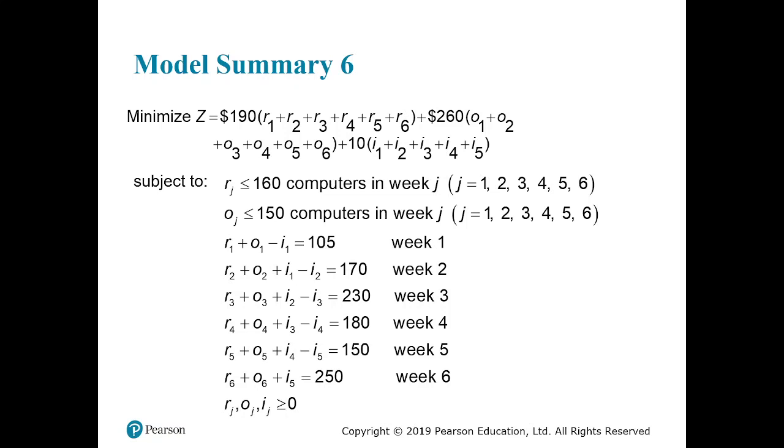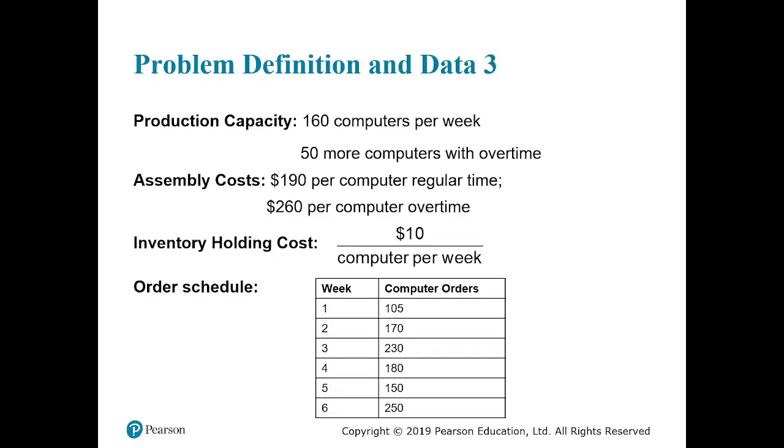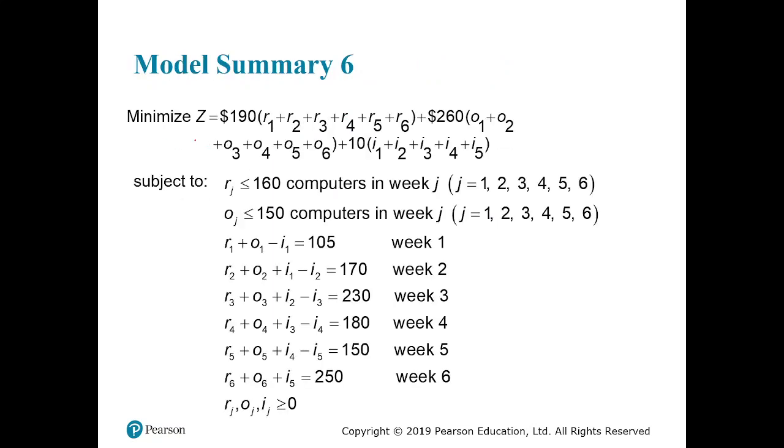I think this is not 150, this is 50. There is a typing error here, because it says that on regular production it is 160, but if you need overtime, 50 more computers can be produced with overtime, not 160. So there's a typo there.